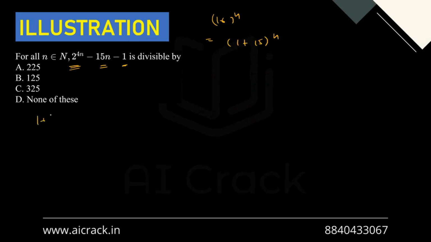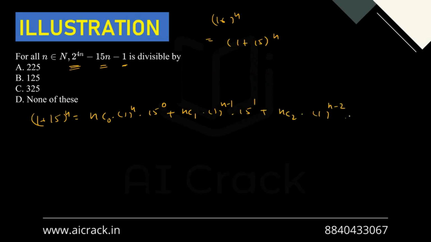So 1 plus 15 raised power n is equals to nC0 dot 1 raised power n dot 15 raised power 0 plus nC1 dot 1 raised power n minus 1 dot 15 raised power 1 plus nC2 dot 1 raised power n minus 2 dot 15 raised power 2 and till nCn dot 1 raised power 0 dot 15 raised power n, right?